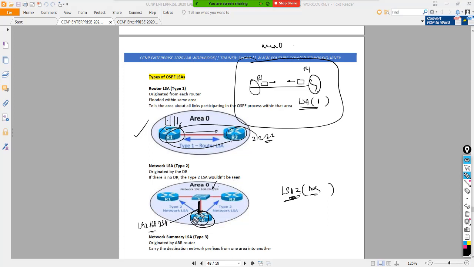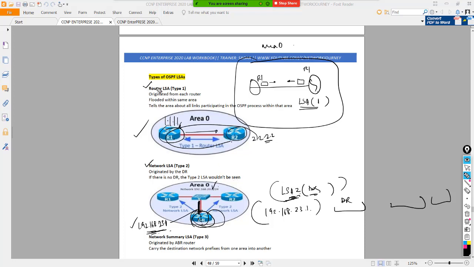The work of the DR is to say that I am advertising this network 23.1. So in the case of LSA2, you will see 192.168.23.1 advertised by the DR and all other values. There will be no other information. Whatever the DR wants to advertise, that information will be put in LSA2, and we call it the network LSA. It is whatever network the DR is advertising.